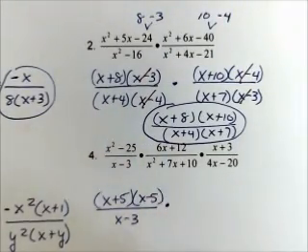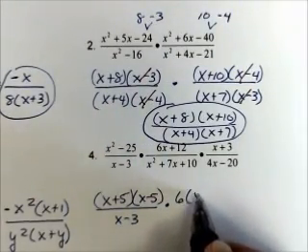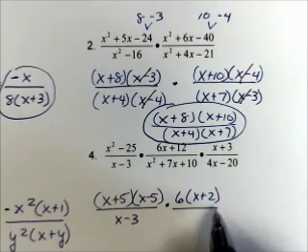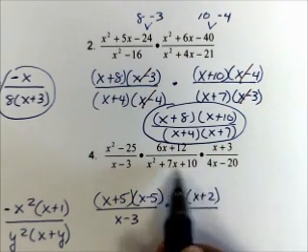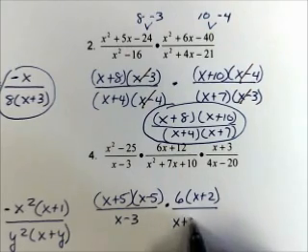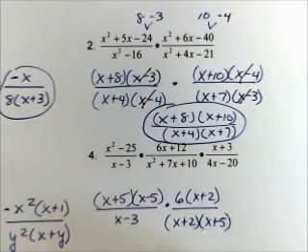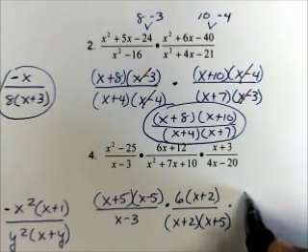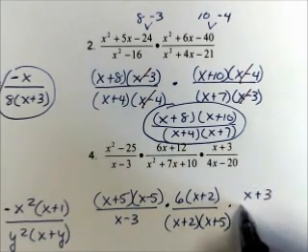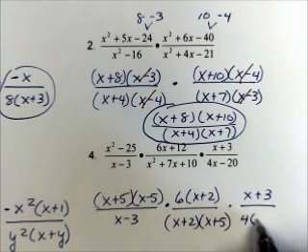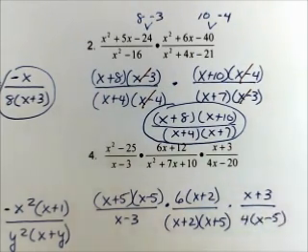Our second fraction here, GCF of 6 times (x plus 2). Trinomial, factors of 10 that add to 7: 2 and 5, (x plus 2) times (x plus 5), times our last rational expression here. Numerator does not factor, denominator has a GCF of 4, 4 times (x minus 5).